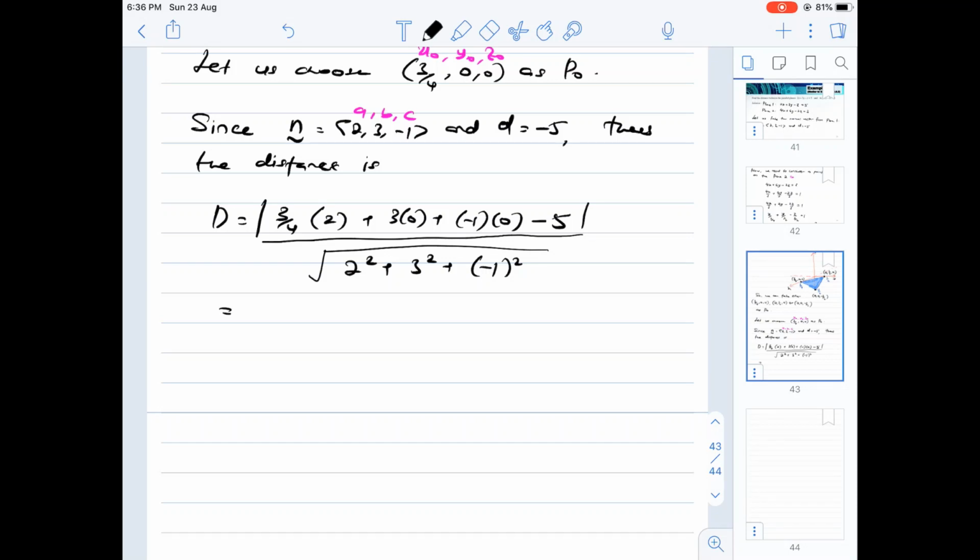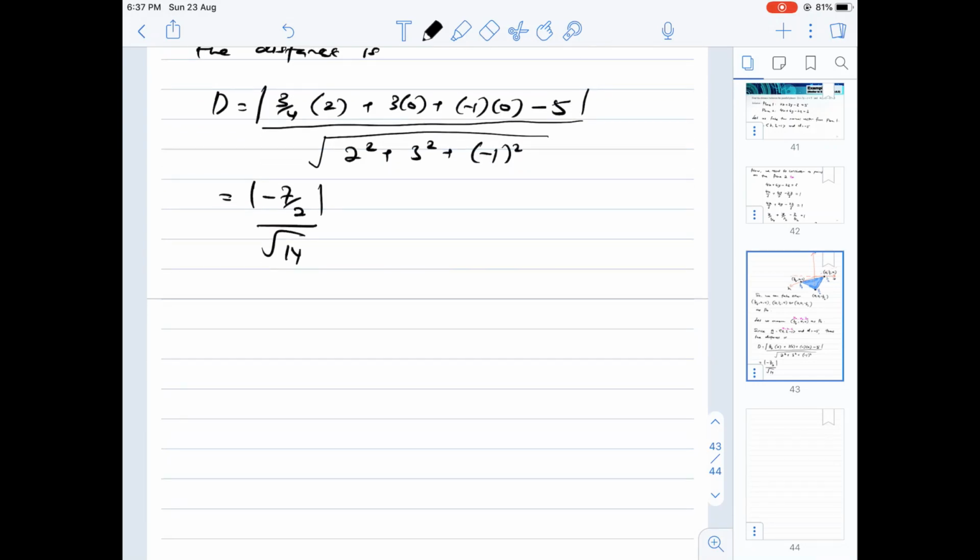So the answer would be 3 over 4 times 2 is 3 over 2, minus 5 is negative 7 over 2, over square root of 14.